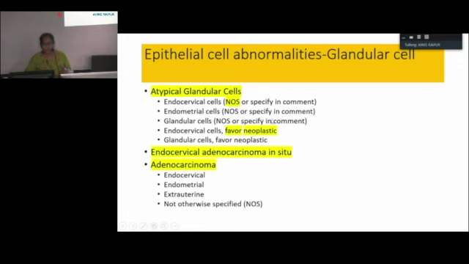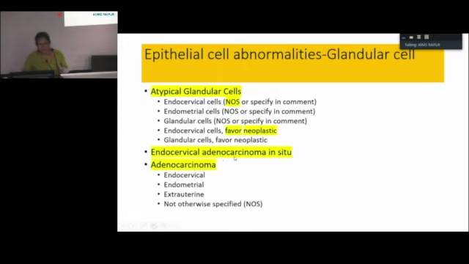In the favor neoplastic category, you can have atypical glandular cell endocervical or just atypical glandular cell favor neoplastic. Notice here we don't have atypical endometrial cell favor neoplastic, because the atypical endometrial cell is very difficult to put into the category of atypia favoring neoplasia. There are a lot of mimics which we'll discuss later.